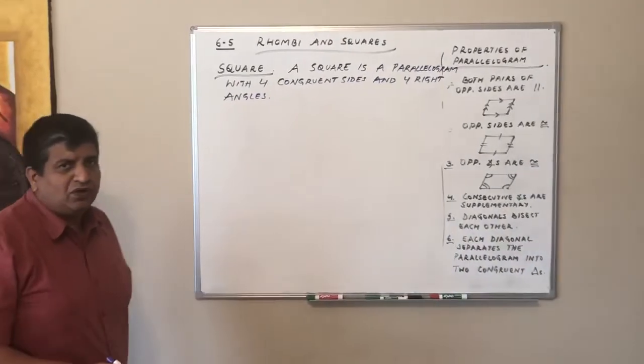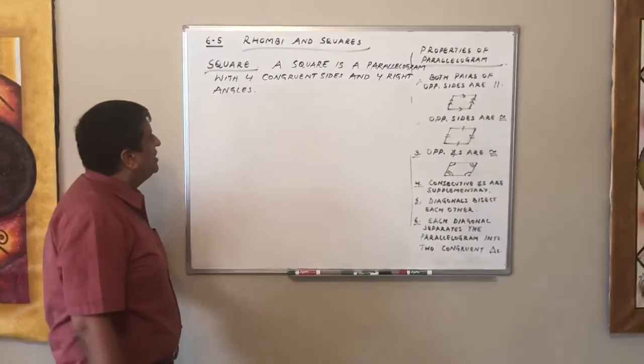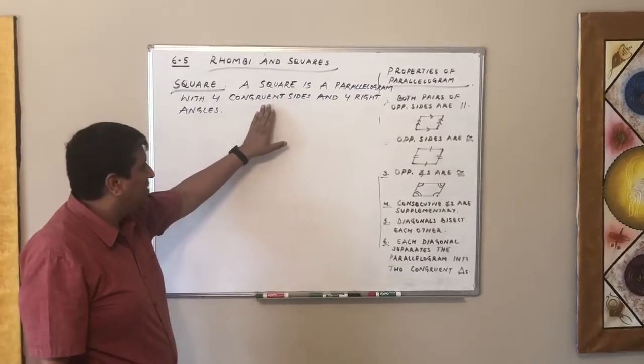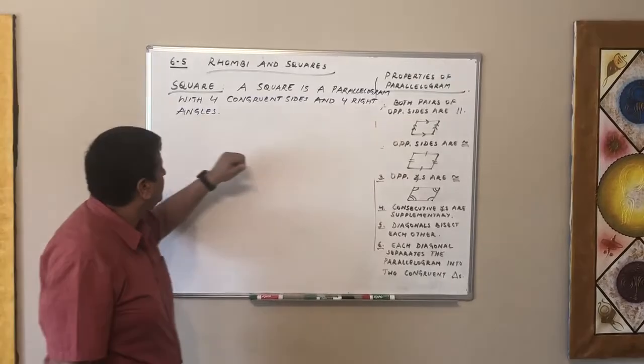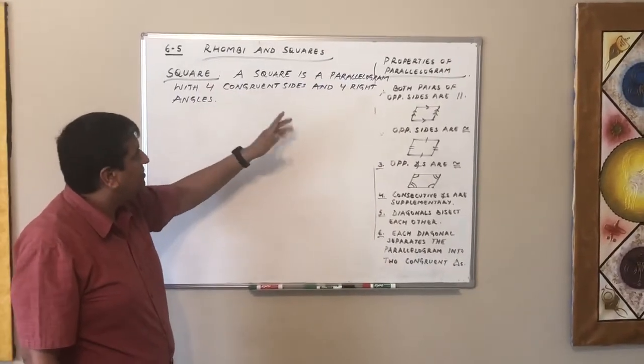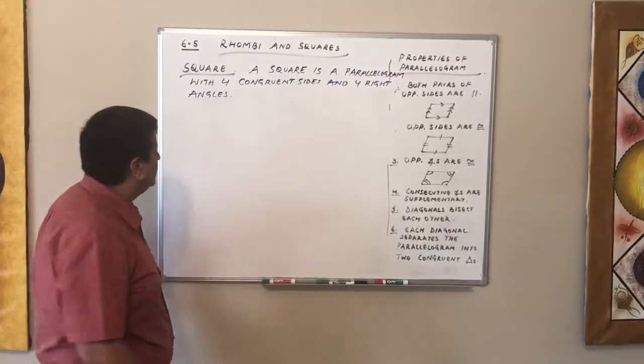You will also recall that a parallelogram with four congruent sides is called a rhombus, and a parallelogram with four right angles is called a rectangle. So a square is both a rhombus and a rectangle.